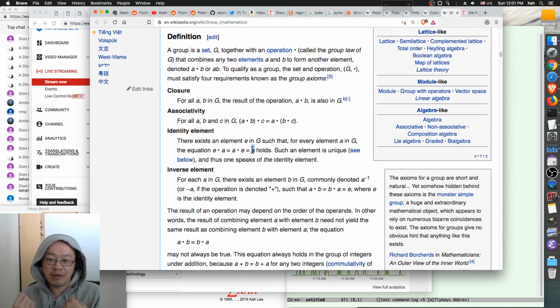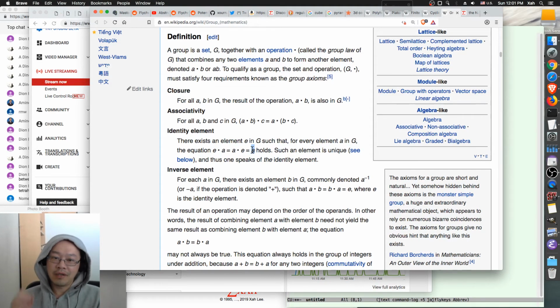It's like zero when you do addition. 5 plus 0 is still 5. 10 plus 0 is still 10. 9 plus 0 is still 9. Or you can think of it as the number 1 in multiplication. 5 times 1 is still 5. 9 times 1 is still 9. So the number 1 is called the identity element with respect to multiplication.